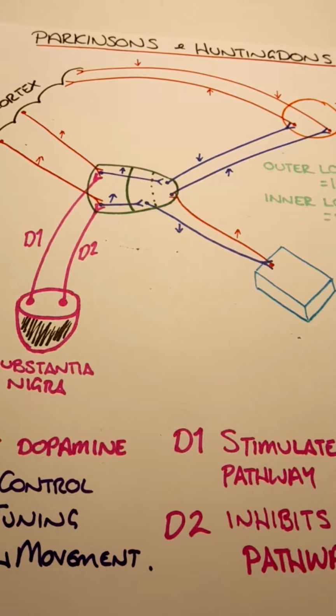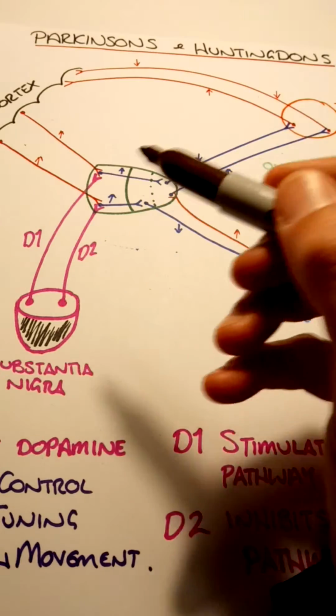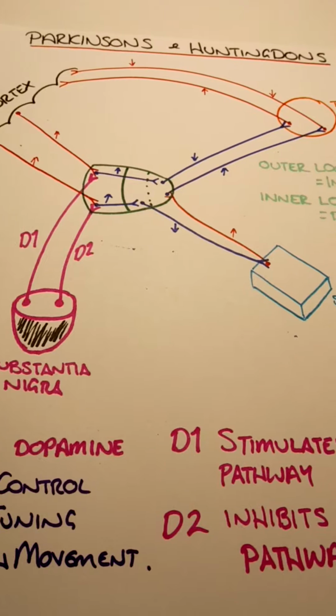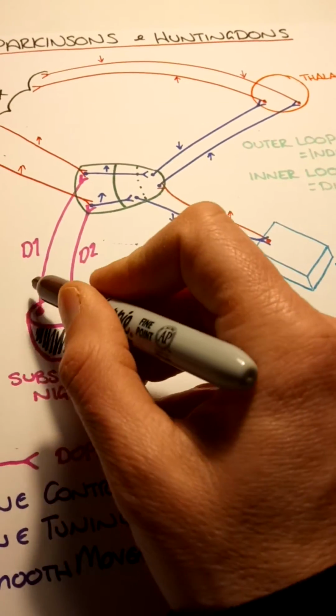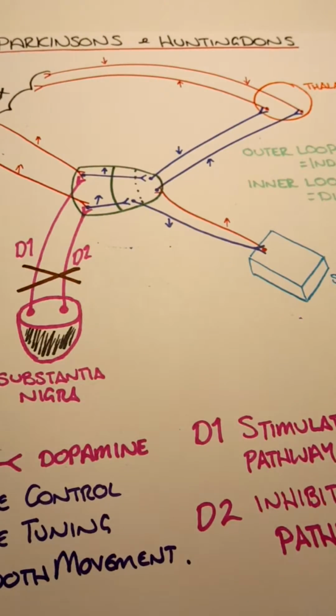So if we have, let's find another colour, right? Okay, so Parkinson's disease affects the dopamine pathway itself. Okay, so this is Parkinson's here. It affects the dopamine pathway.